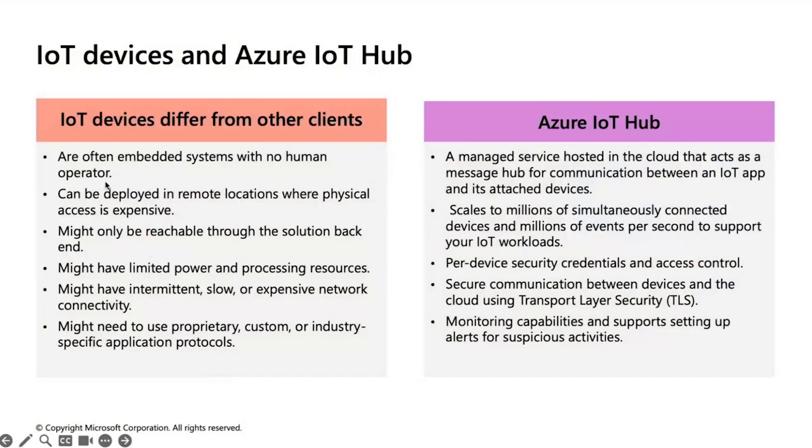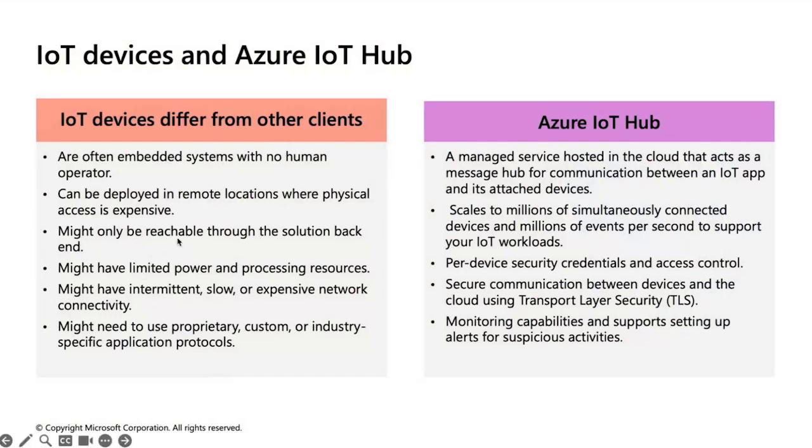These can be deployed in remote locations where physical access is expensive, not possible, or not feasible. We can deploy these embedded IoT devices, and they will start collecting data through sensors and sending it back to an IoT management application, where we can collect data and act on it based on the collected information.